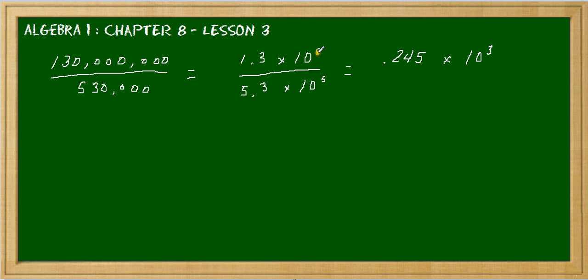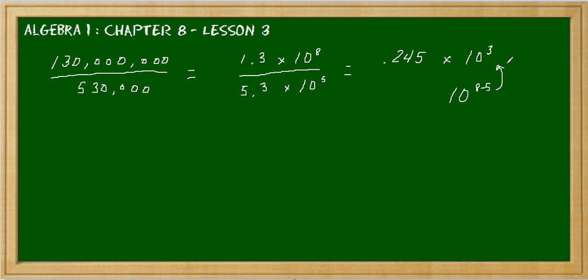If we would have simply taken 10 to the 8th minus the 5th, I'm sorry, I shouldn't put parentheses around it, but I'm just trying to illustrate that what we have is 10 to the 8 minus 5 power, which is 10 to the 3rd power.